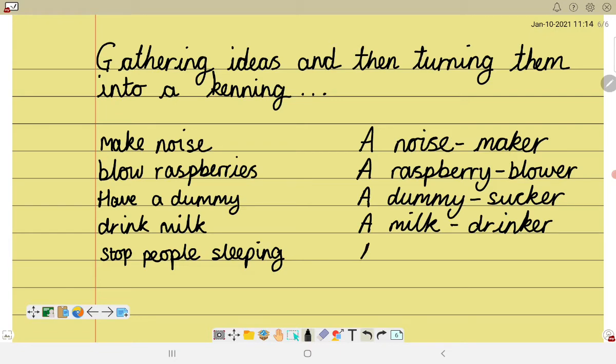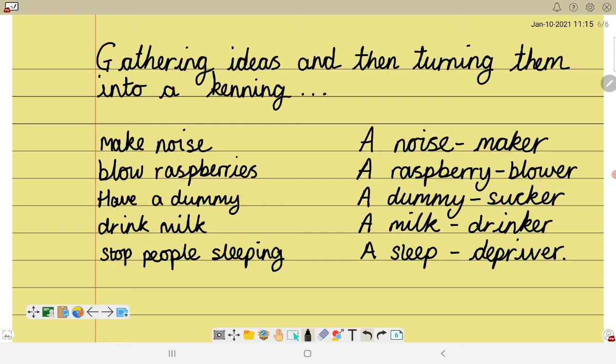And then how could I use my last idea to make another kenning? So I could put sleep as the noun, so a sleep. So I could say a sleep stopper, or maybe a sleep depriver. So deprive people of sleep, so a sleep depriver.